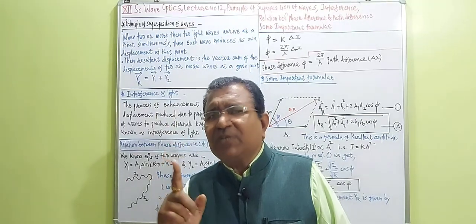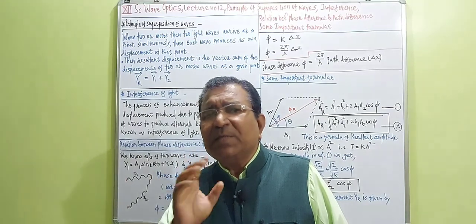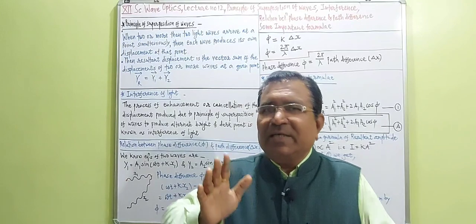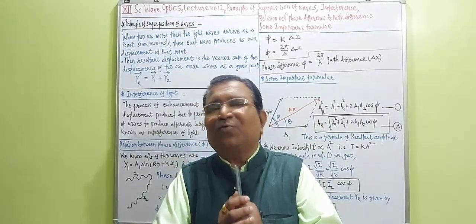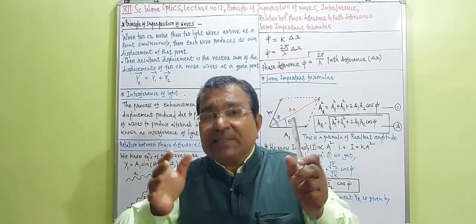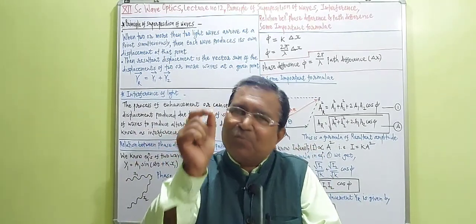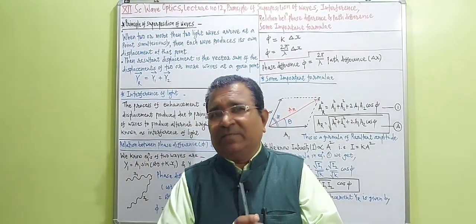To make a definition of the principle of superposition of two waves: it is a combination of at least two waves. It is a superposition of two waves. It is a mixture of two waves. When two waves superimpose with each other at a certain point, what is the resultant displacement at that point?